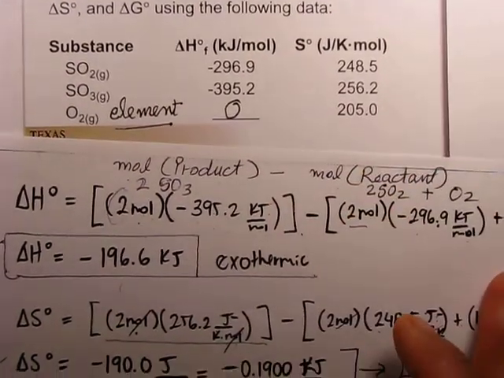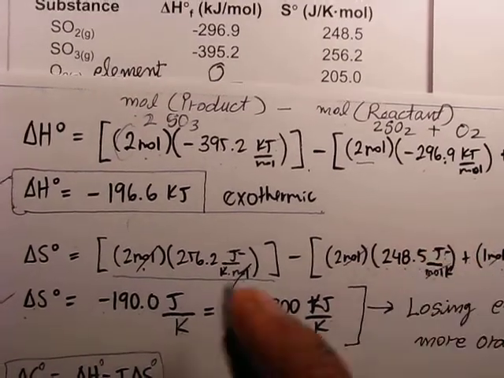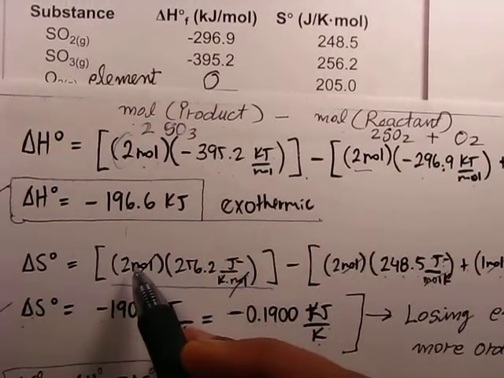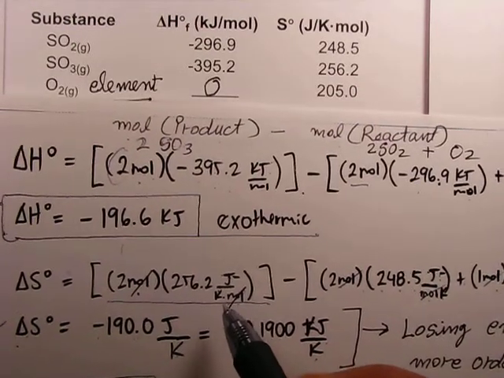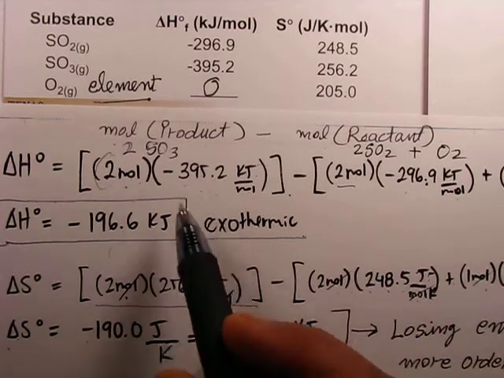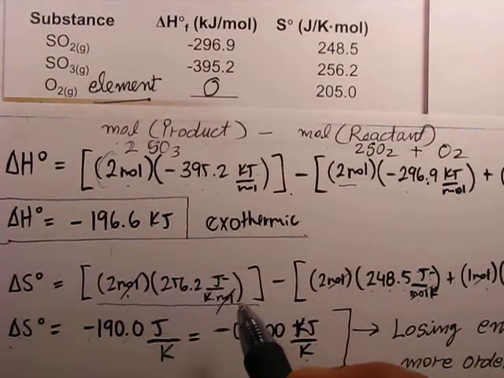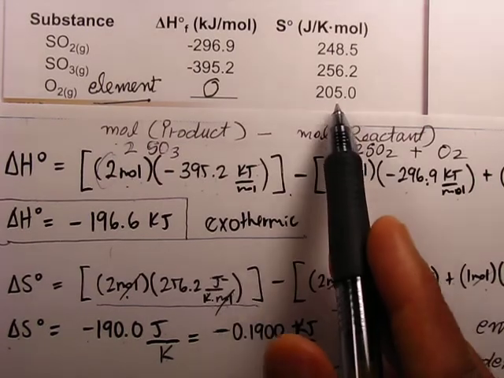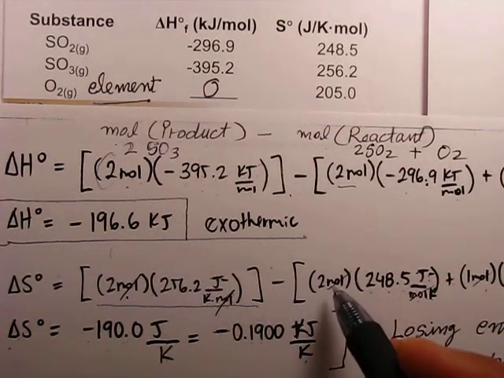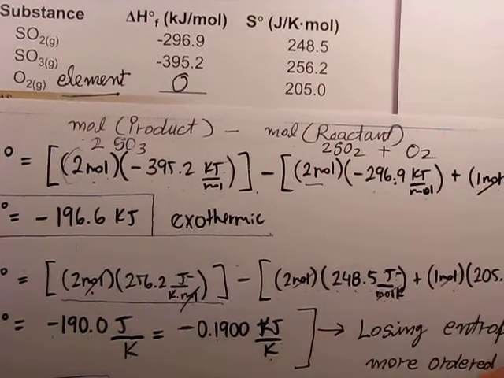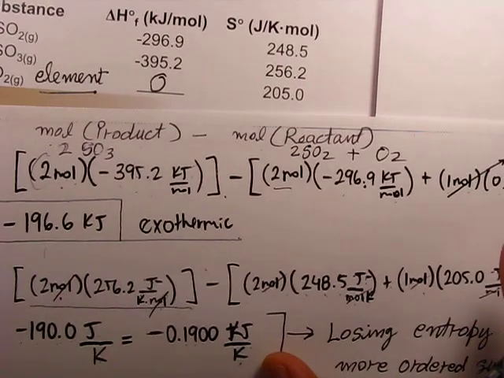Let's calculate the delta S for this reaction. Delta S will be exactly the same, product minus reactant: 2 moles multiplied by the product value of 256.2 joule per Kelvin per mole, minus 2 multiplied by SO2 and then plus 1 mole of oxygen.